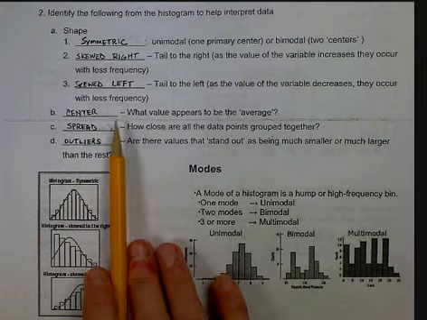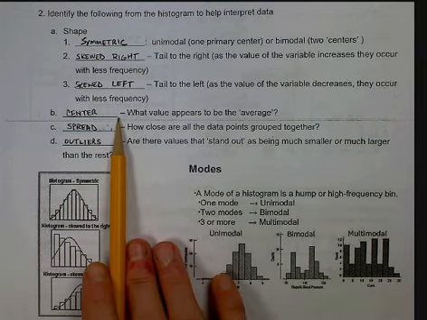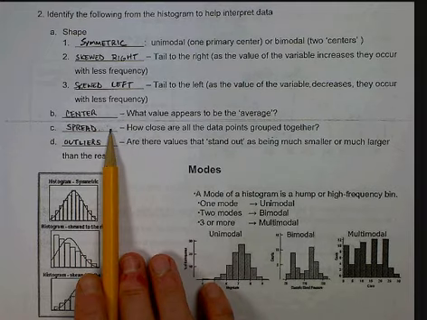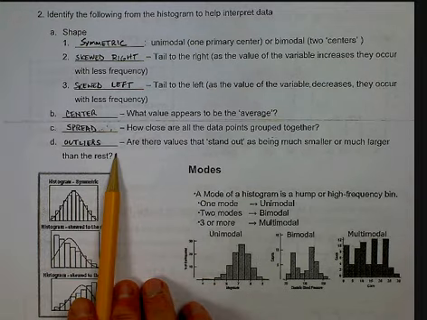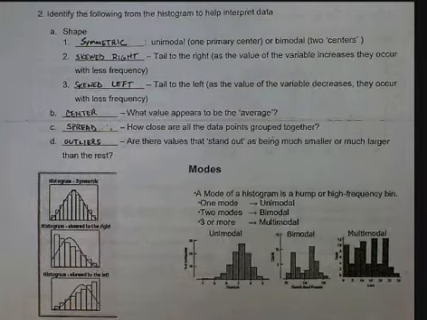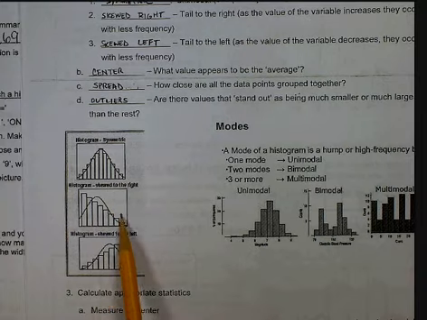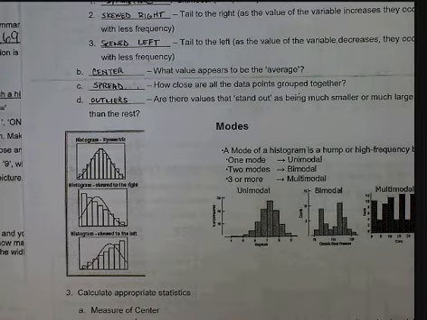When we talk about values to help us evaluate or interpret our data, we want to talk about the center. What would the average be? We want to talk about the spread, how spread out is our data. And we could have outliers in our data. So here are some examples: symmetric, skewed left, or skewed right, where the tail is on the right.